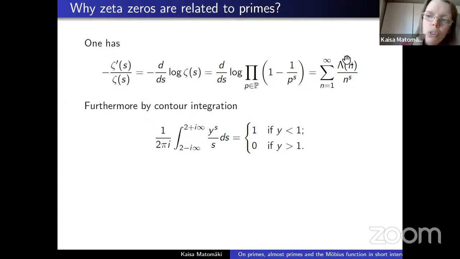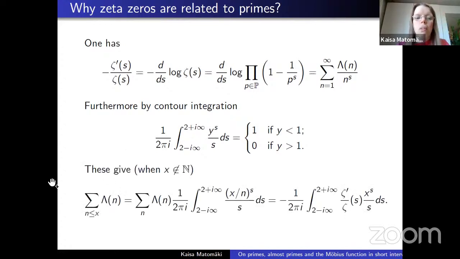And then if we want to look at the number of primes up to x, we use contour integration. One can prove that if we look at the integral of y to the s over s along a vertical line in the complex plane, we get 1 if y is larger than 1, and we get 0 otherwise. So this integral can be used to spot a condition like n is up to x.